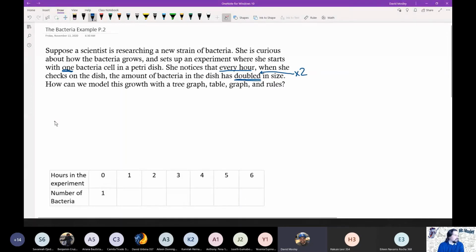So I start with my one little bacteria here. And in 1 hour, this bacteria has split and doubled and become 2. Right, in the next hour, we double again. We now have 4 bacteria. Another hour passes, we get more.